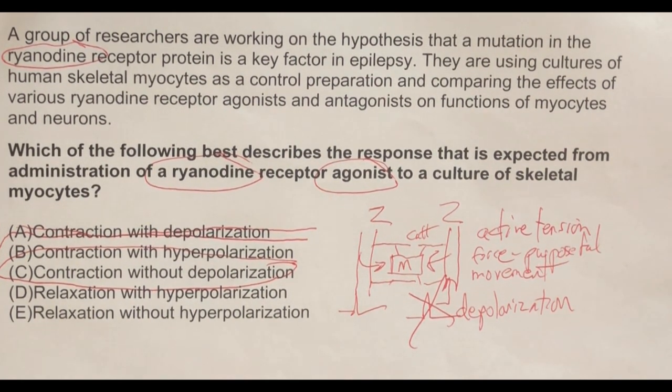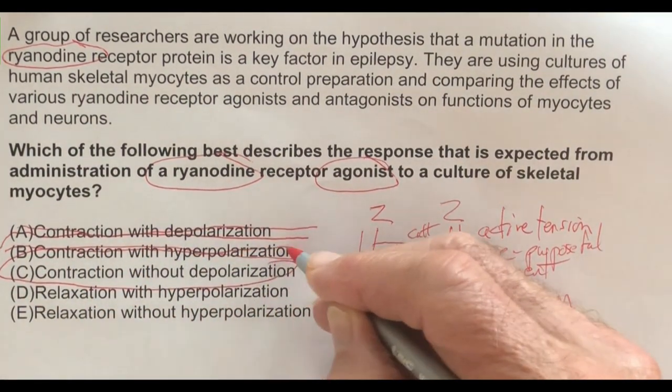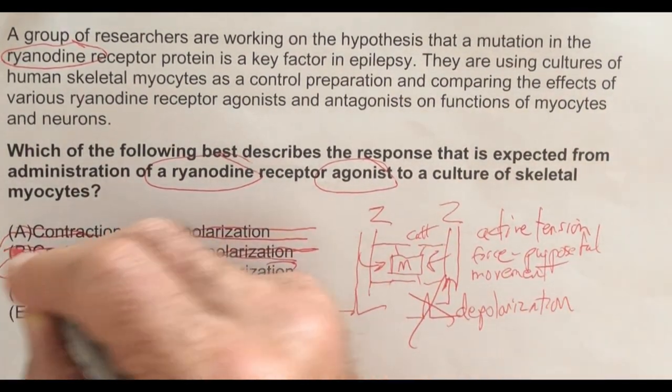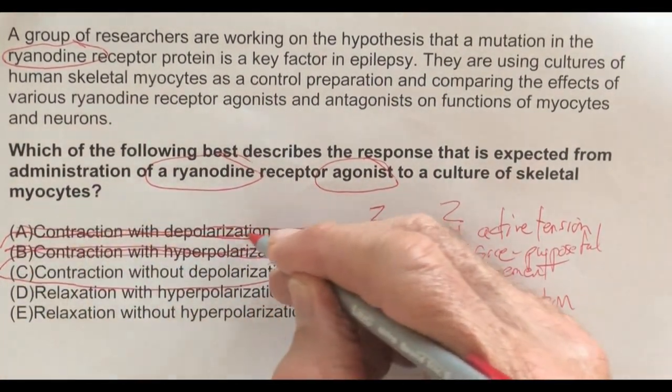And so when we're talking about contraction with depolarization, we're talking about increasing the excitability of the muscle for contraction, and it seems like we can eliminate hyperpolarization, which would inhibit excitation and cause inhibition. So A and B seem to be out.